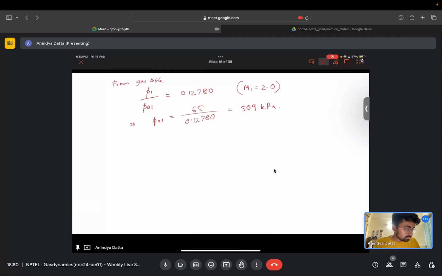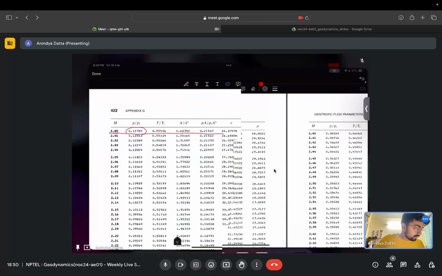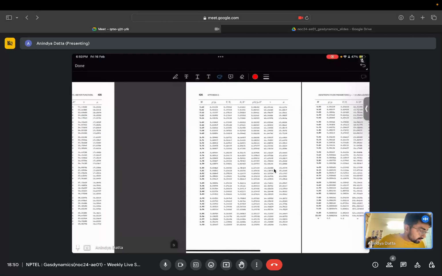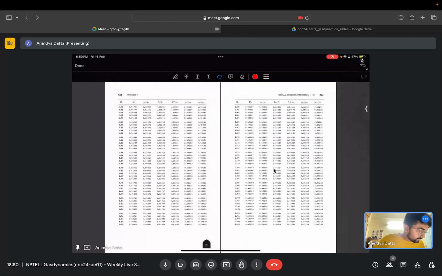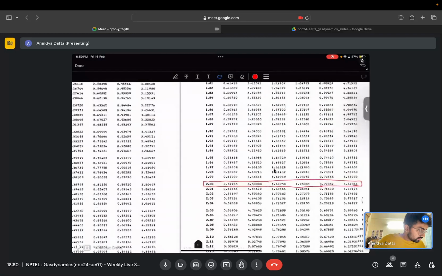Now from the normal shock table, for M1 equals 2.0 you will get a value of this P02 by P01. So we are going to the normal shock table again.